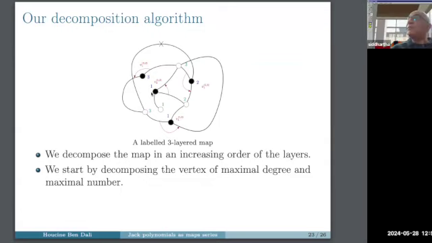So, there were 2 things, right? I'm still trying to get my head around this, but you put the vertices in layers, and then there are degrees, and that decides in which order you pick the vertices. But once you've picked a black vertex, what you have is some marked oriented corner.